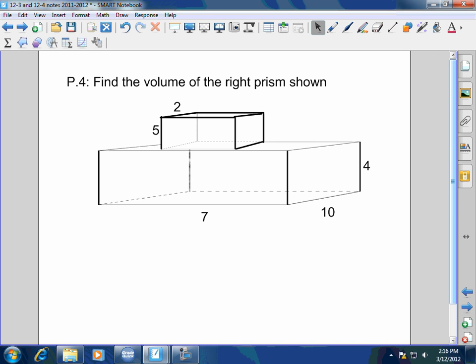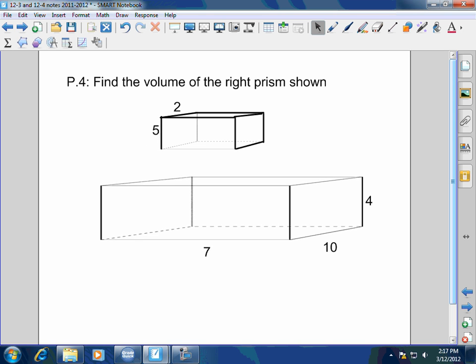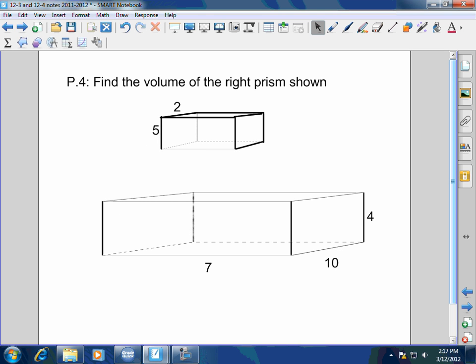Okay. Now let me make sure that I have all the. I think I'm missing one value, but if not, we'll figure that out. No. Yep. Okay, we're perfect. Okay, so let's think about this. What is the volume of this guy? First start here.